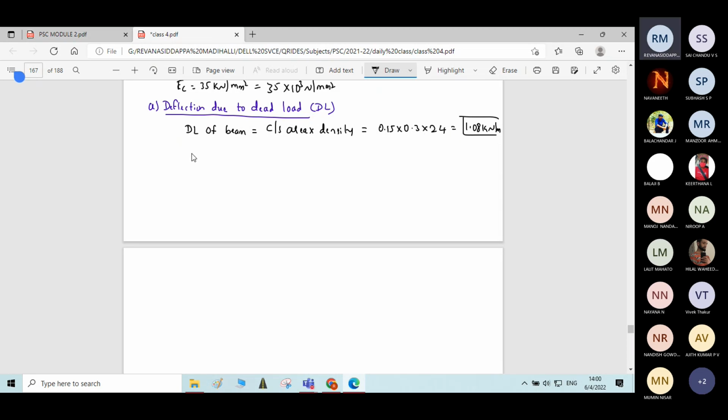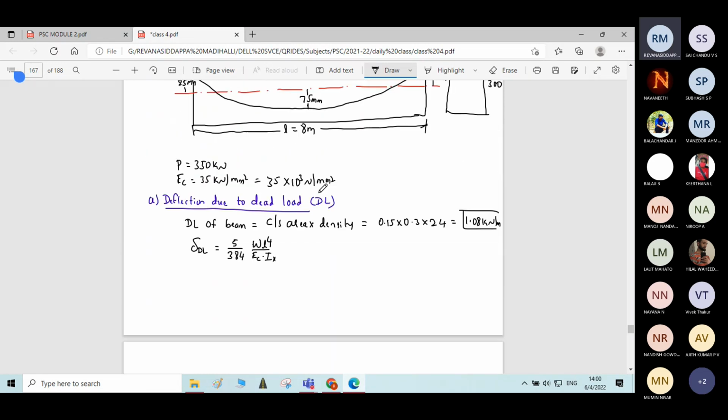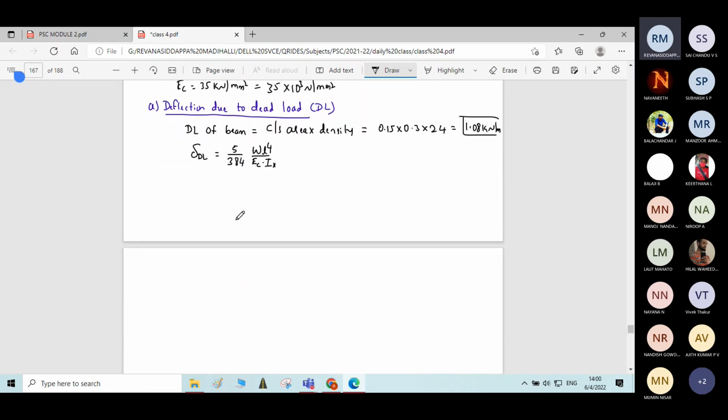Now you can find deflection due to dead load. We have the formula, that is 5 by 384 W L raised to 4 by EC into IX.